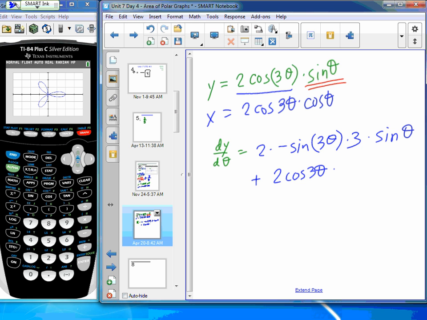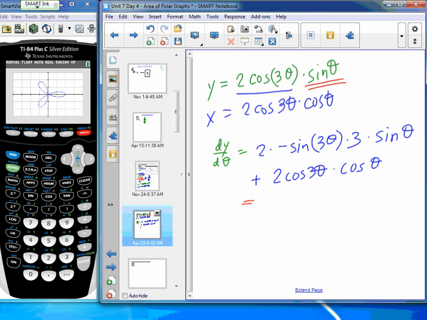Sine differentiates to cosine of theta. So the derivative of a product of two functions is the derivative of the first, that would be 2 opposite of sine 3 theta times 3, times the second, plus the first as is, times the derivative of the second. Did we get everybody?